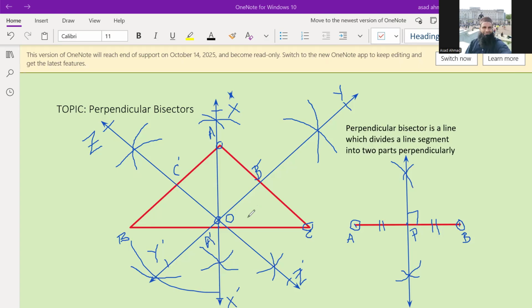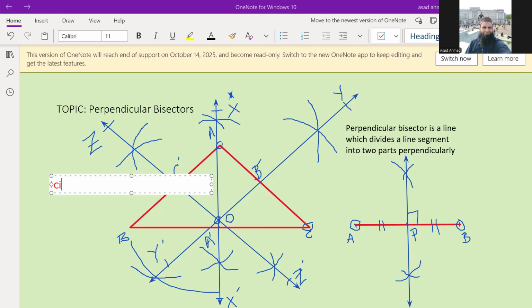Whenever you draw perpendicular bisectors of the three sides of a triangle, they will always meet at one point. That is called the point of concurrency of perpendicular bisectors, and it has a particular name. It is named circumcenter. For writing circumcenter, I'm just writing here.